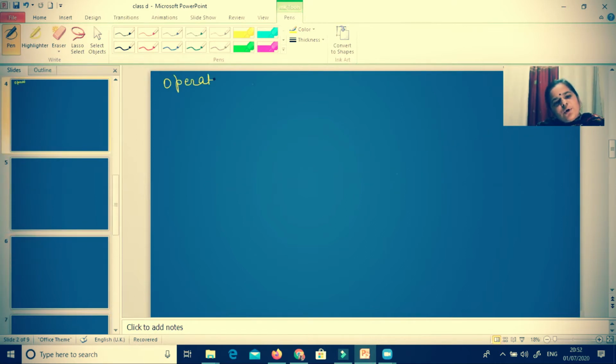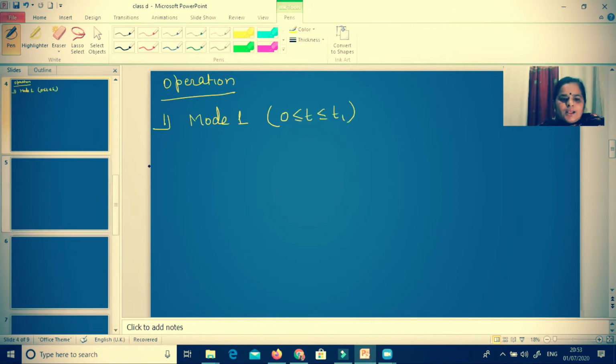To explain its operation, I will divide it into various operating modes. Let us have mode 1, which exists between 0 to t1, and in mode 1 T1 is on and T2 is off.